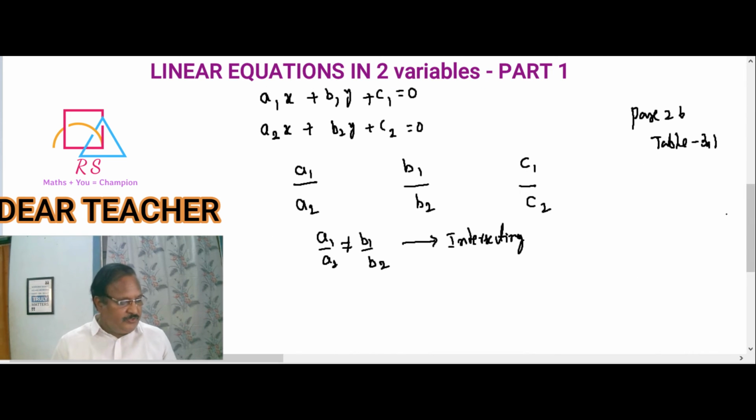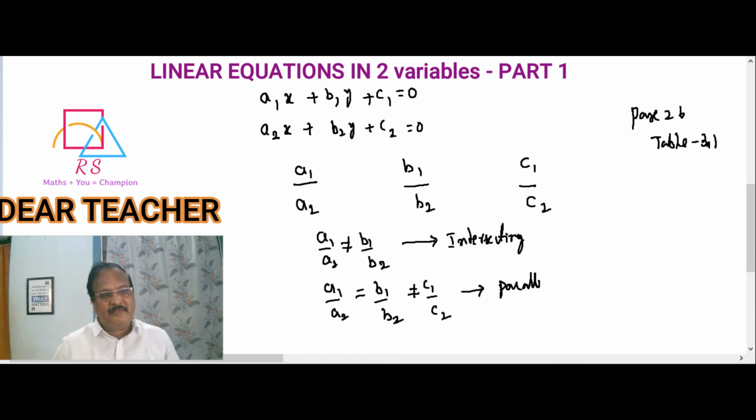Okay. So sometimes A1 by A2 is equal to B1 by B2 and then not equal to C1 by C2. Then what happened in this case? They are parallel lines.